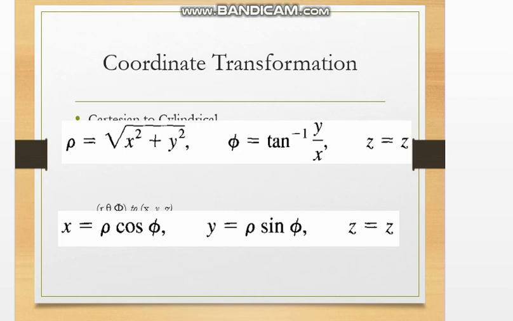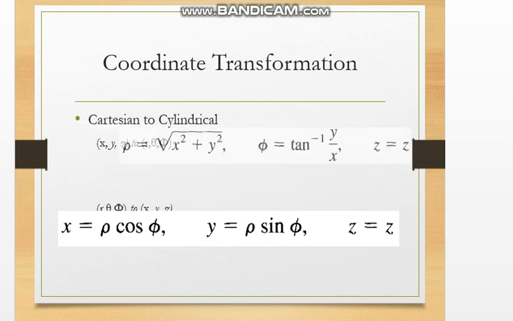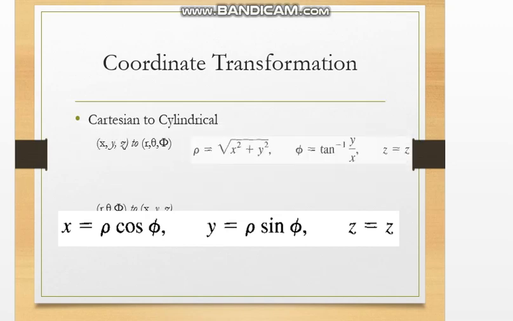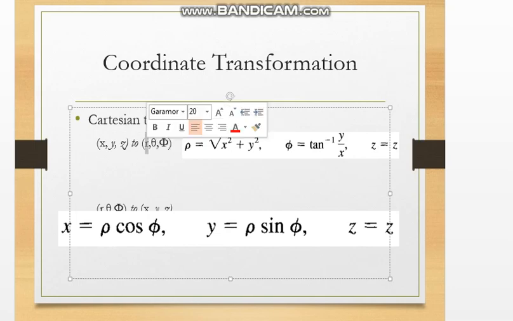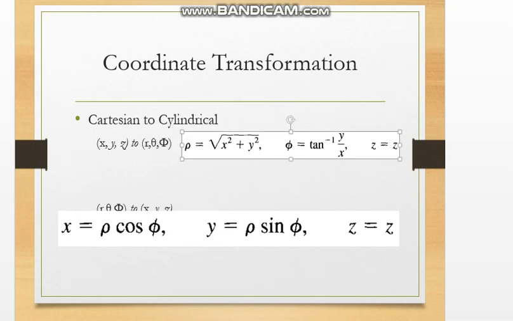That is the transformation from Cartesian to cylindrical coordinate system, and from xyz to r theta phi. The r in some books is written as rho, so don't panic when you see this kind of notation. R and rho are quite similar.